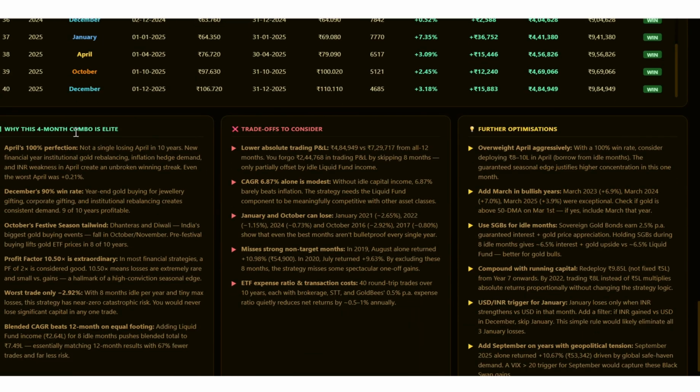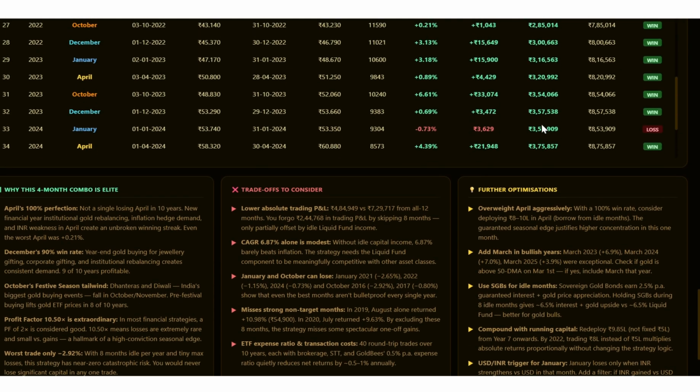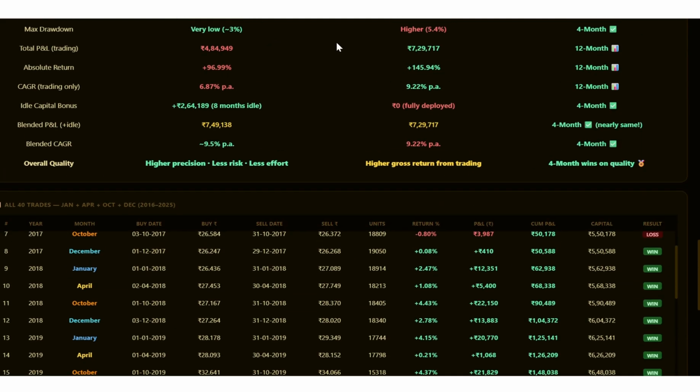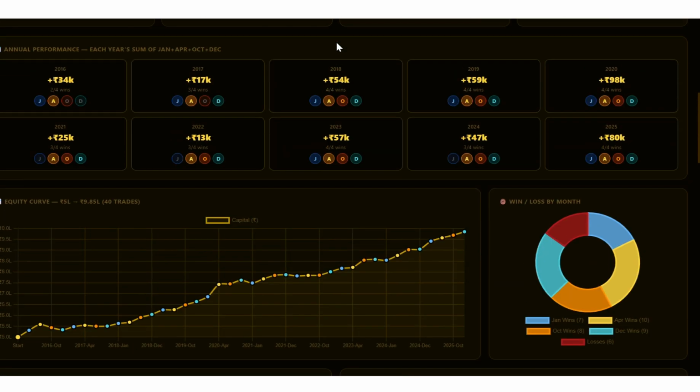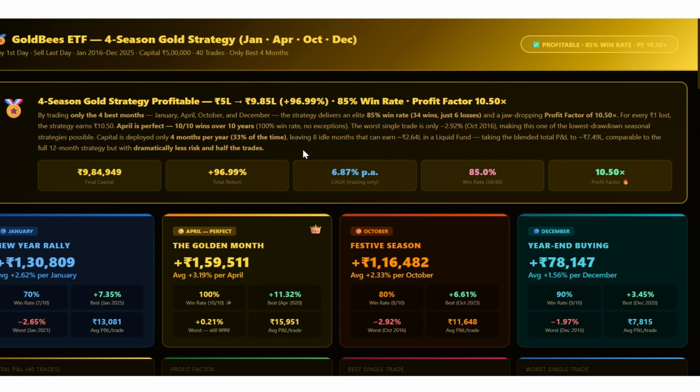And this combo, why it is elite, is already explained. You can watch it again and take all the analysis, trade-offs to consider and further optimizations also. This is how people are doing it, doing data analysis and taking the help of AI tools to generate the maximum profit and a good risk reward strategy, as you can see.